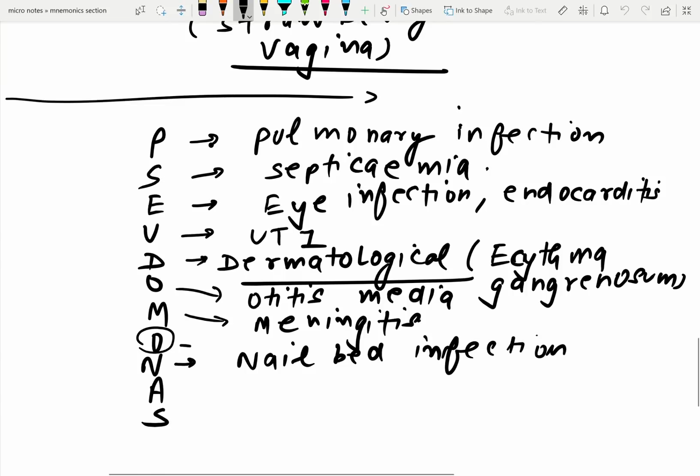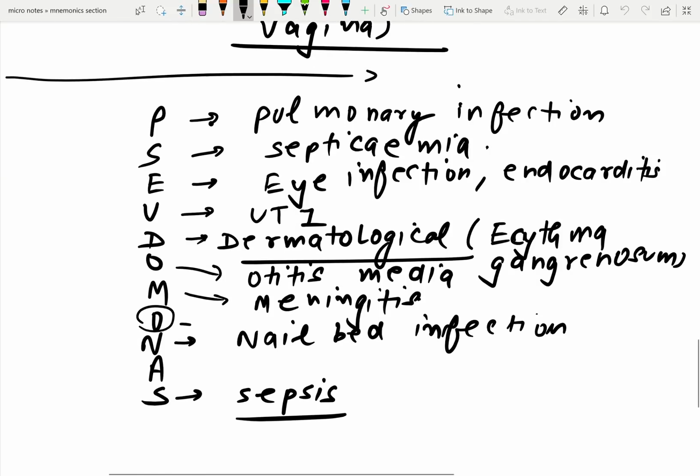S associates with sepsis also. So if you want to remember which infections are caused by Pseudomonas, you can remember them by this mnemonic, Pseudomonas.